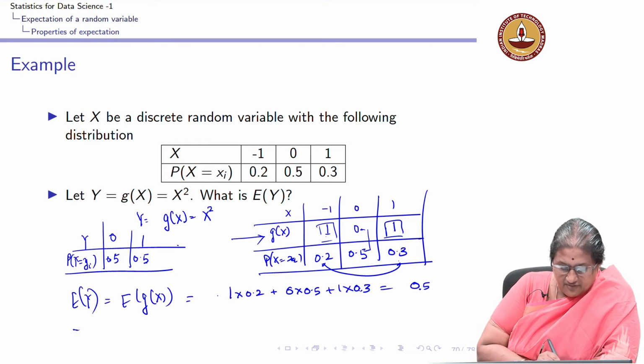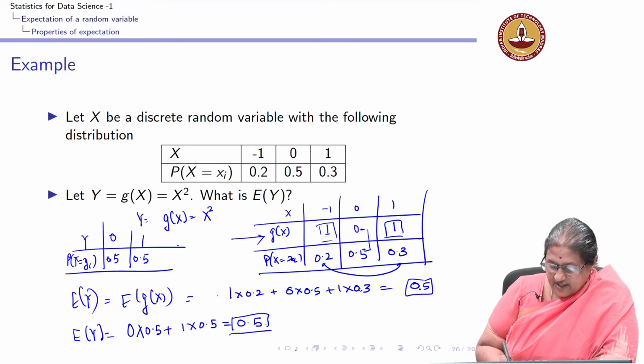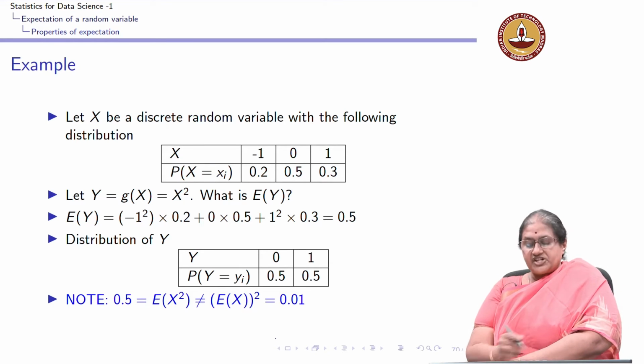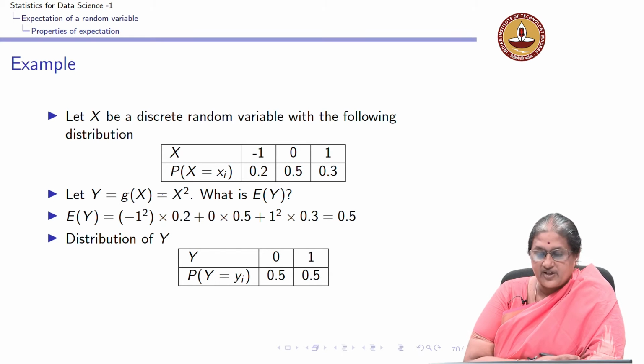Hence, if I look from the first definition, expectation of y is going to be 0 into 0.5 plus 1 into 0.5, which is equal to 0.5. This matches with what we got earlier. Hence, given a random variable, I can find out the expectation of a function of a random variable.